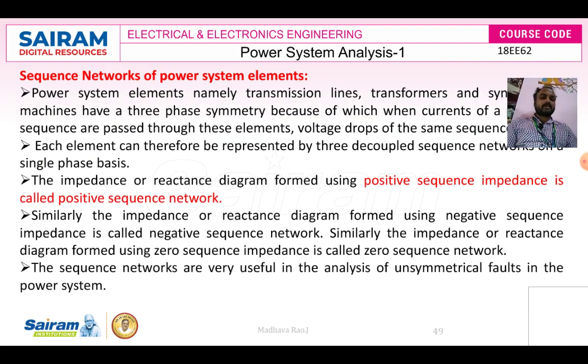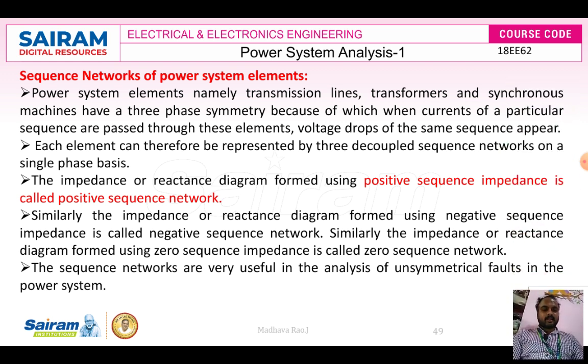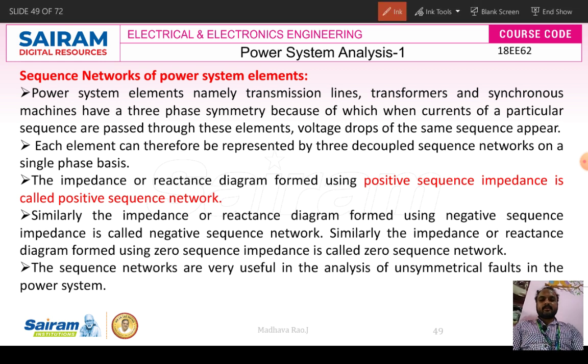Generally, power system elements are transmission lines, transformers and synchronous machines, and they have three phase symmetry, because of which when currents of a particular sequence are passed through these elements, voltage drops of the same sequence appear.